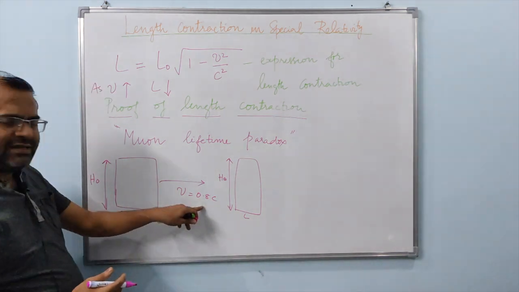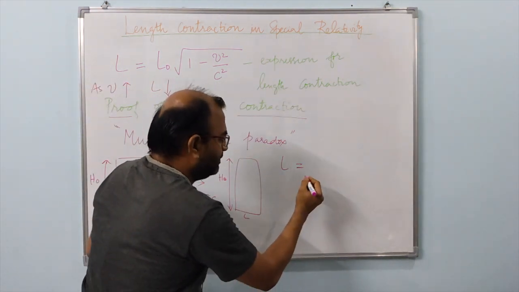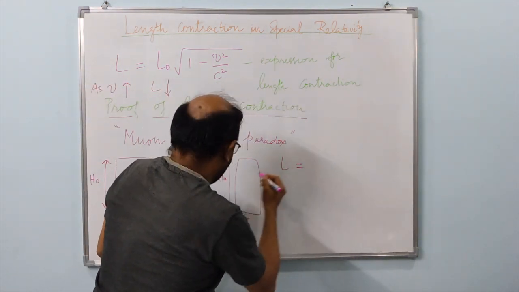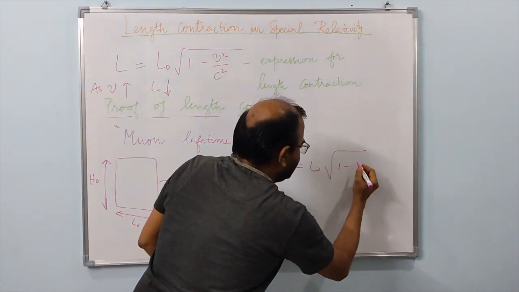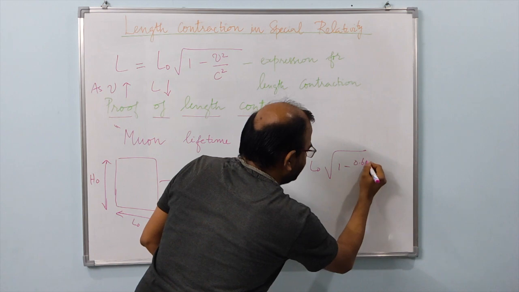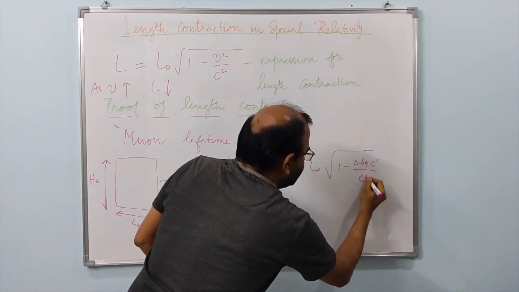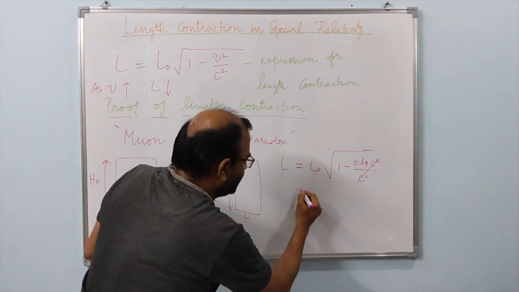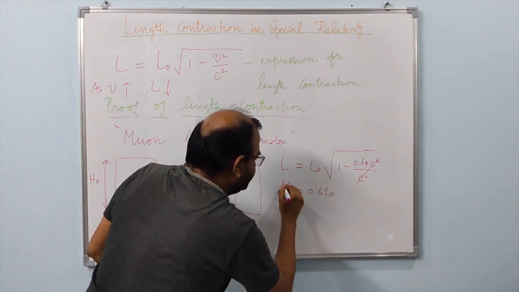So if it is 0.8 c, how much would be the contraction? The L would be about L naught times the square root of 1 minus 0.64, that is 0.8 squared c squared over c squared, so it would be the square root of 0.36, which is 0.6 times the original length of the book.